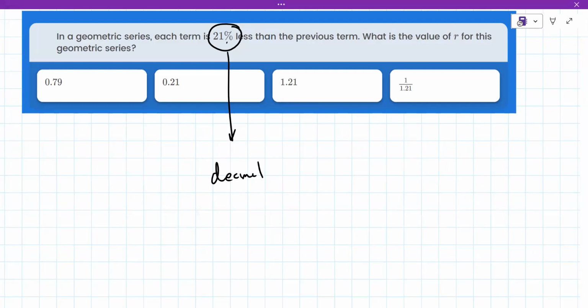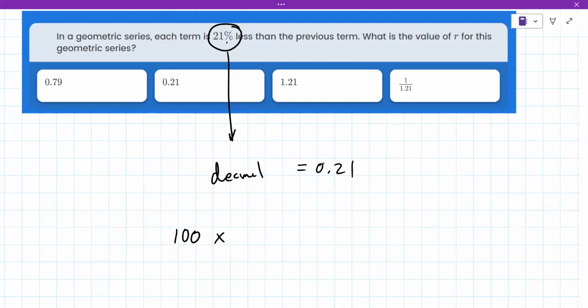Like point. Wait, hold on. You move it. It would be like 0.21. 0.21. Okay. Now let's just say you started with 100.